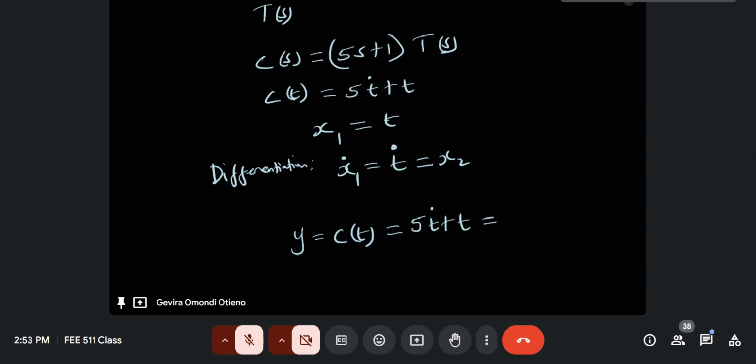So the derivative of t is x2, so we have 5 x2, and t itself is x1. So that we have it in terms of x1 and x2.